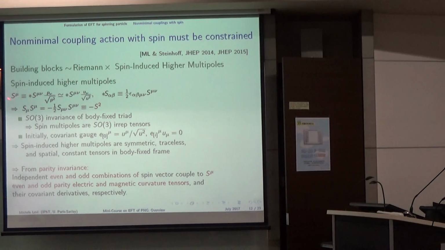What will constitute our spin-induced higher multipoles is just the spin vector, which is defined from the dual of the spin tensor, as you can see here. It's very simple.